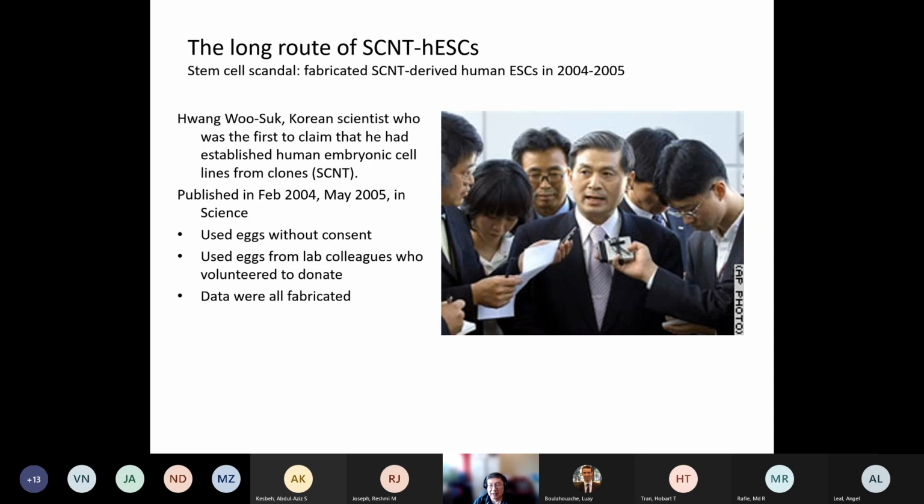Because, as I said, scientists had already recognized that embryonic stem cells are very useful, since Evans, Kaufman, and also Gail Martin described that you can extract mouse embryonic stem cells in 1981. And then there was a race to develop human embryonic stem cells.